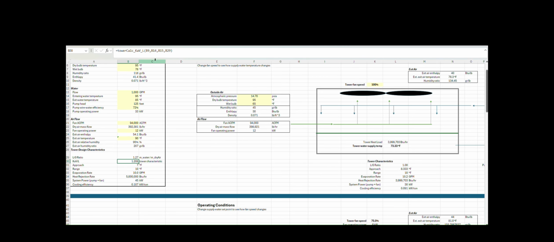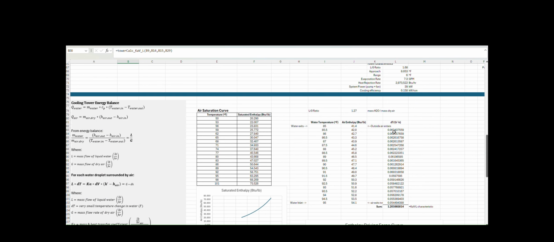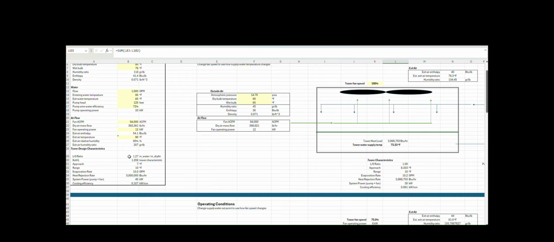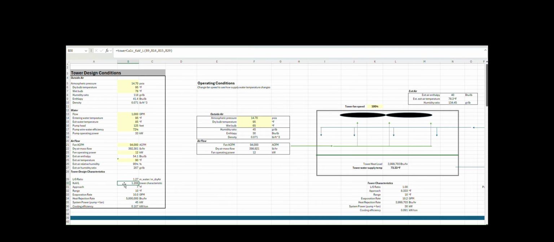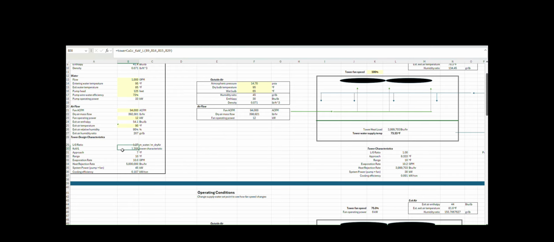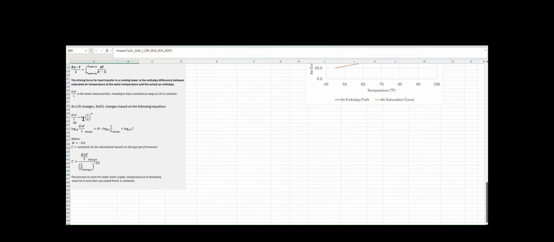You can either use this built-in VBA code to do it, or do it manually in this exercise that we talked about here. And once you know your KaV over L and your L over G ratio design points, you can calculate your target KaV over L based on this equation here as your L over G ratio changes.